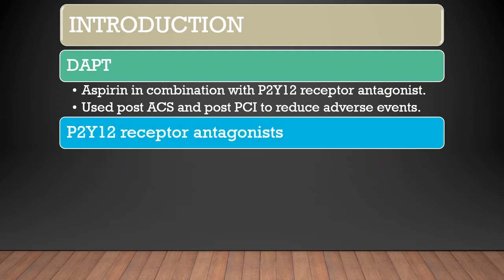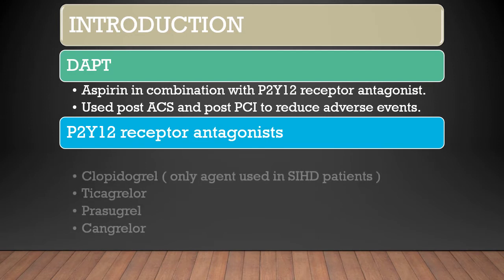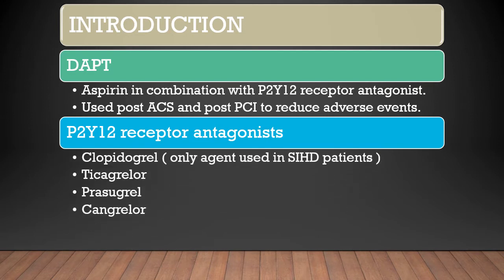The P2Y12 receptor antagonists include clopidogrel, which is the only agent used in stable ischemic heart disease patients, ticagrelor, prasugrel, and the intravenous agent cangrelor.